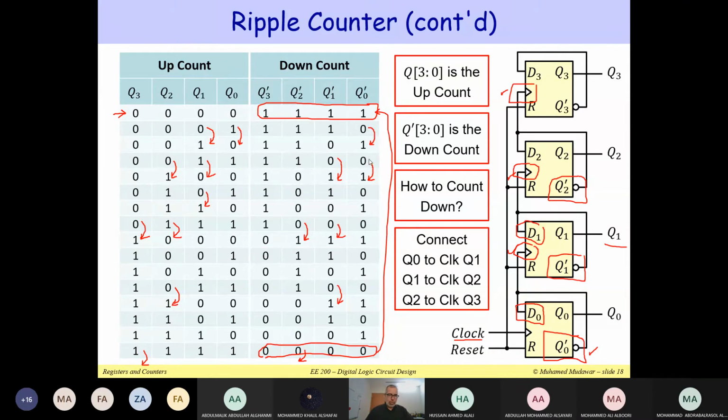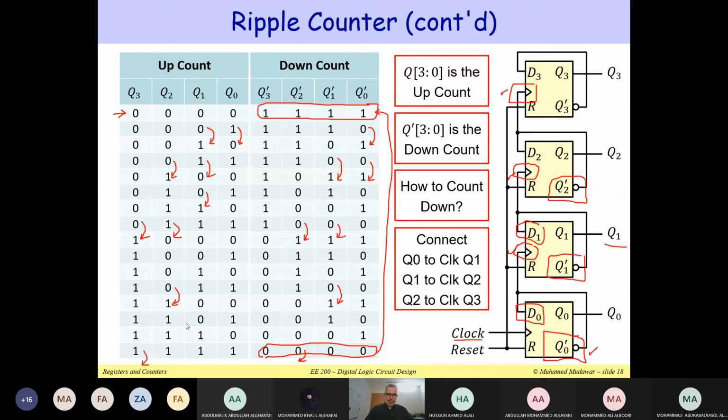Notice that here when Q0 goes from 1 down to 0, this will go from 0 to 1. We could have used a negative edge triggered flip-flop here, and when Q0 goes from 1 down to 0, toggle the value of Q1. It's the same thing.